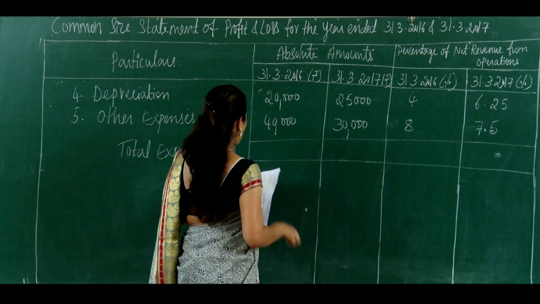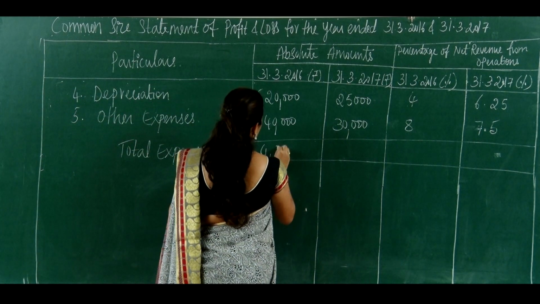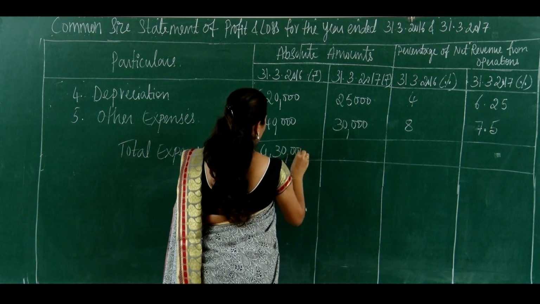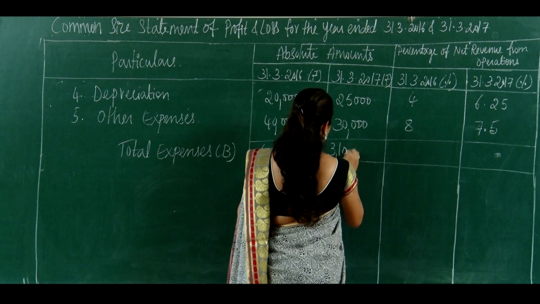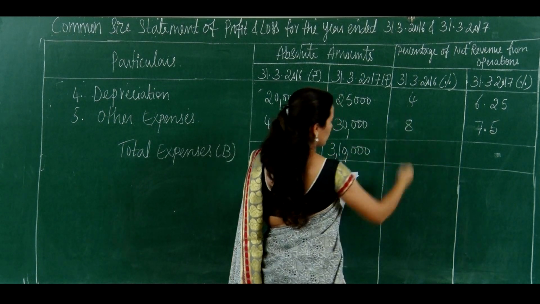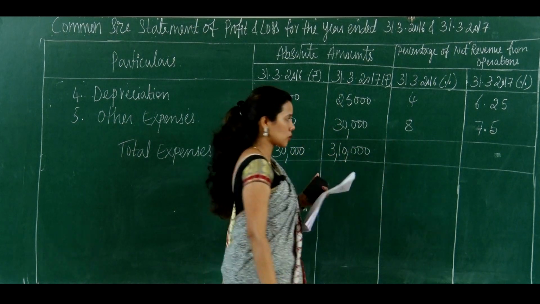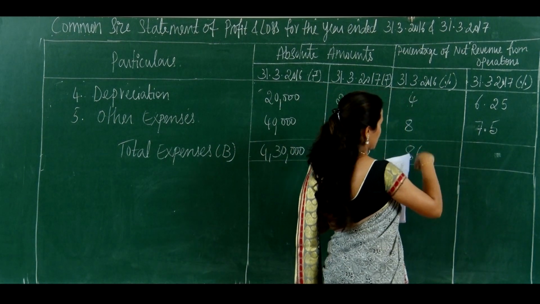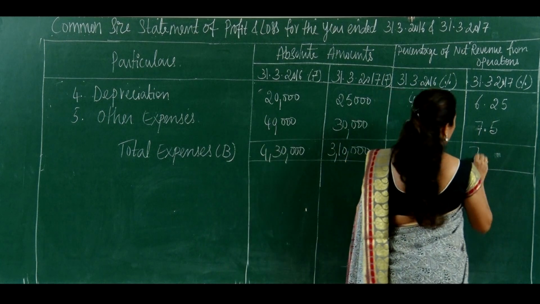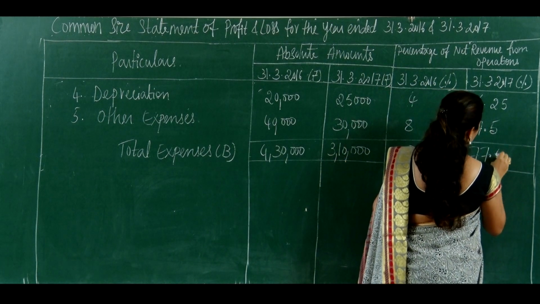So, the first column total you get 4,30,000 and the second column 3,10,000, and the total percentage column also. So, you get 86 percentage in the first column and the next column 77.5 percentage.